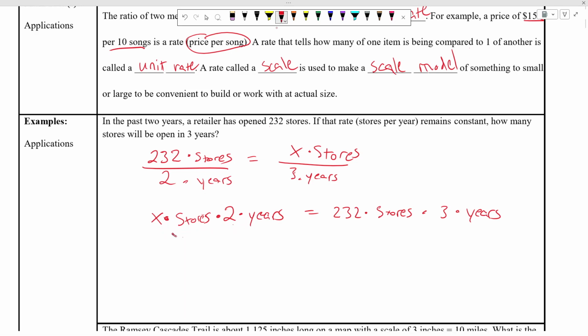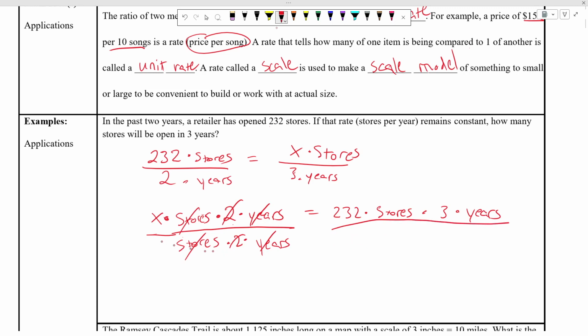What's happening to this x again? They're being multiplied, so I want to divide by this concept of stores multiplied by this concept of 2 multiplied by this concept of years. I want to essentially cancel all of these out and leave behind just a single x. That's really what I want to do. So let's do that.